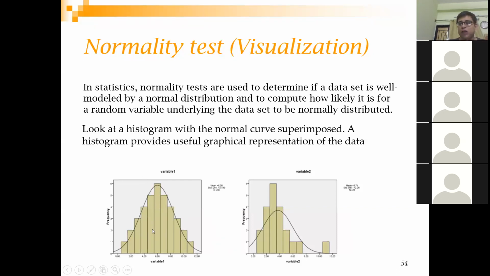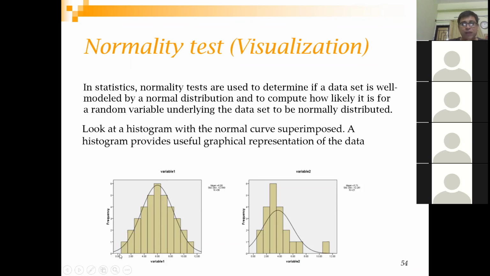This is a histogram, if you remember. Basically, you plot different values that the variable assumes, and then you plot the corresponding frequency. If your distribution is normal, then you will get a histogram shape like this. This histogram is a range of values, which you call bins.